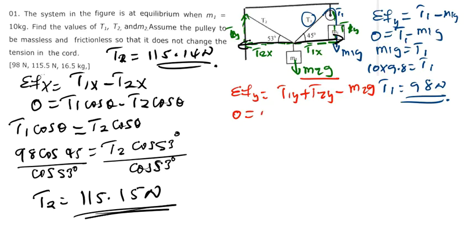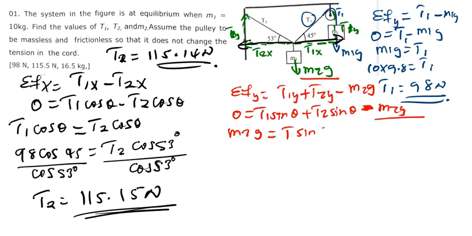So this is t1 sine theta plus t2 sine theta minus m2g. If we want, we can shift this to the other side. So we have m2g being equal to t1 sine theta plus t2 sine theta, like that.